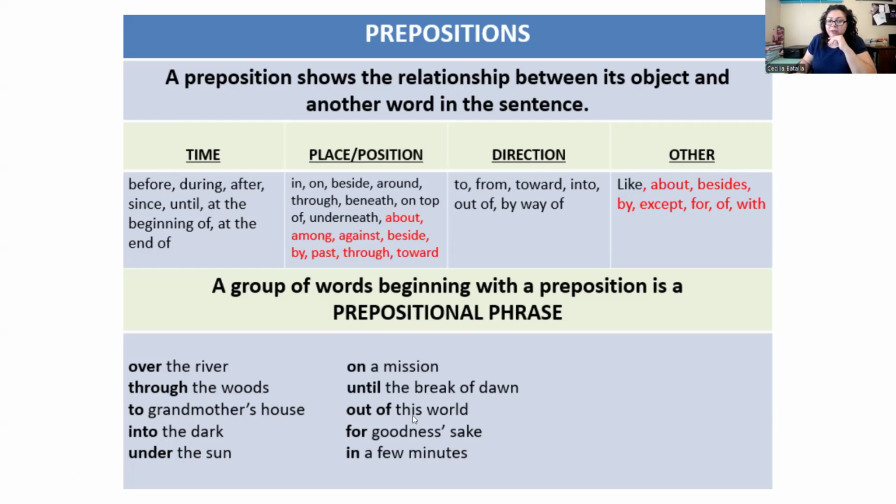Over the river is 3, but we also have until the break of dawn, that's 5. So if we saw until the break of dawn in a sentence, we would want to separate it out or indicate that it's there by putting commas either around it if it's in the middle of the sentence or after it if it's at the beginning.